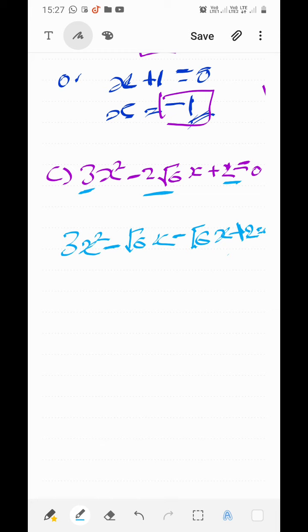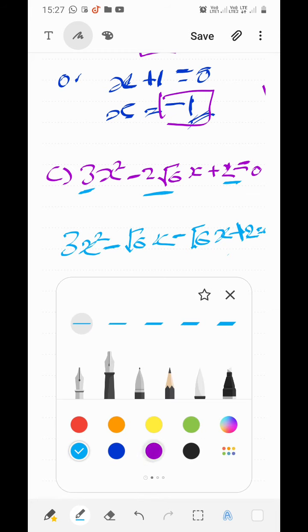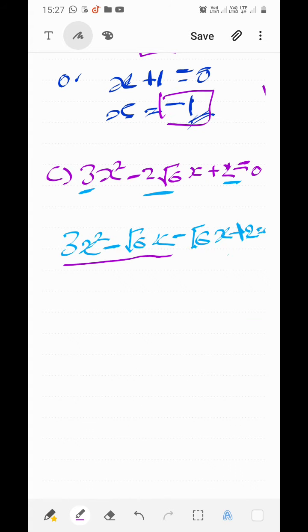Now we choose the first two terms. What is common actually? To find the common number, in root 6 there is root 3 and root 2. Root 6 we can write as root 3 into root 2. But here the coefficient of x² is 3, so 3 we can write as root 3 into root 3.